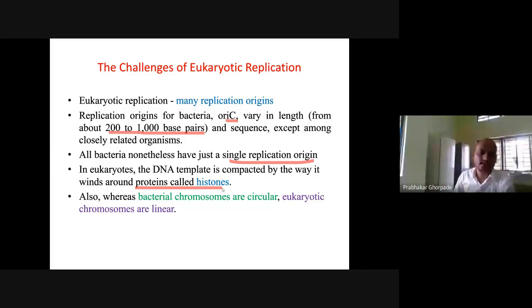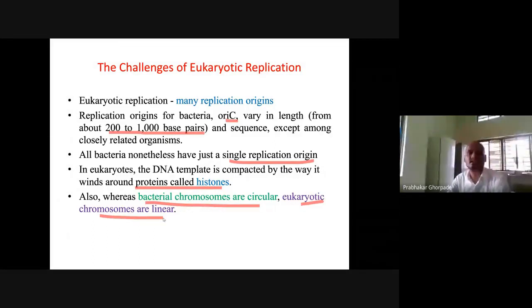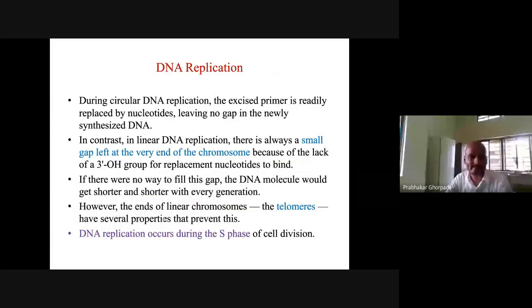Also, bacterial chromosomes are circular and eukaryotic chromosomes are linear, and that has its own problems. During circular DNA replication, excised primers are replaced by nucleotides, leaving no gaps in the newly synthesized DNA.